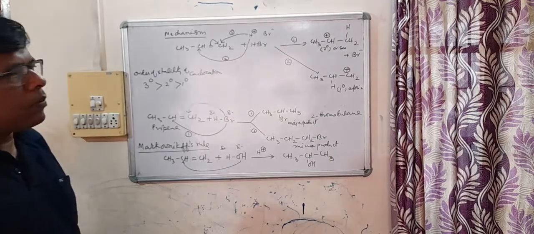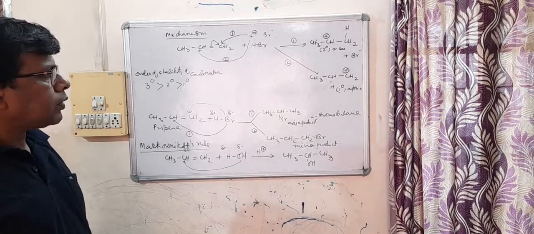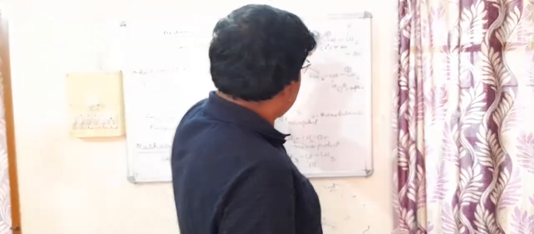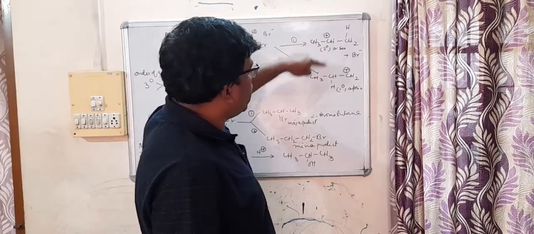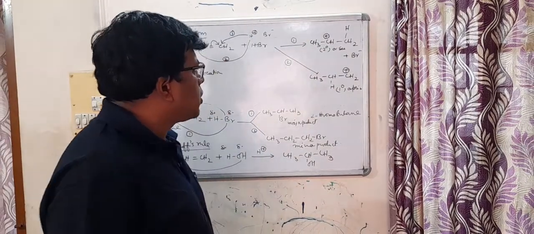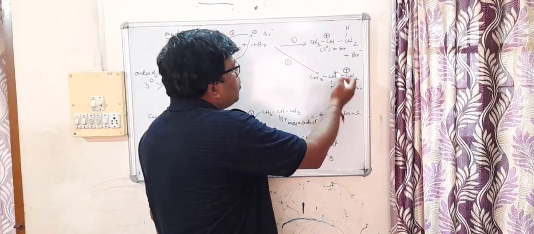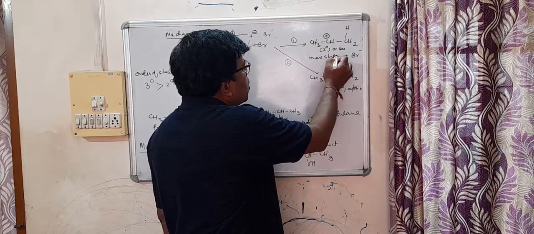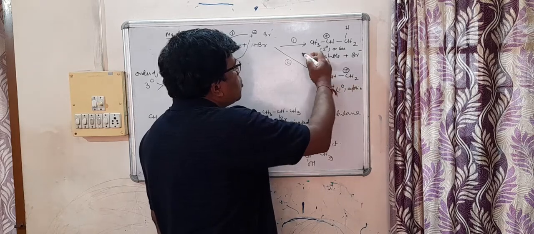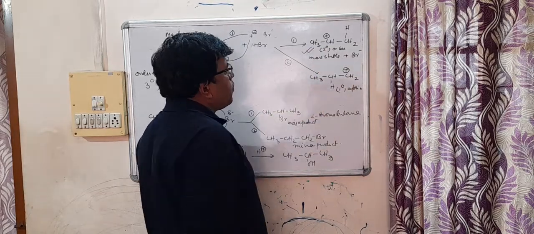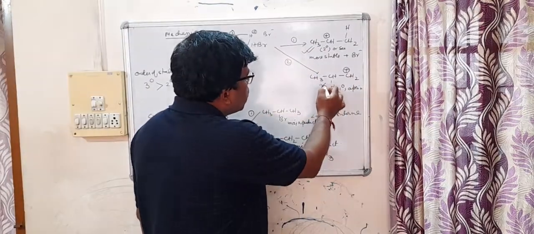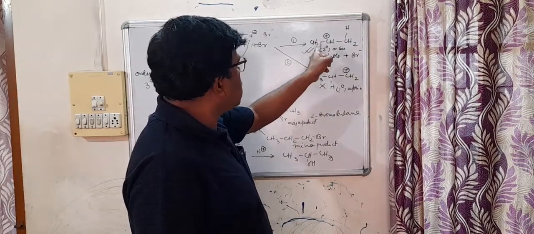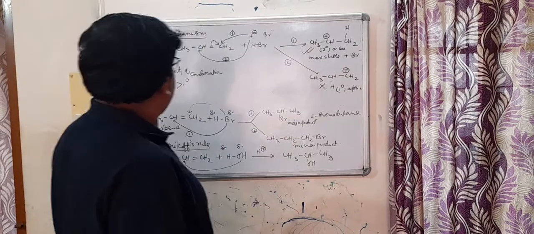It can also be explained by hyperconjugation, that we have already done. So you can easily make out of these two possibilities which one will actually take place. Since 2-degree is more stable and this is less stable, this one will be formed. This one will not be formed. So we are considering this for the next step.